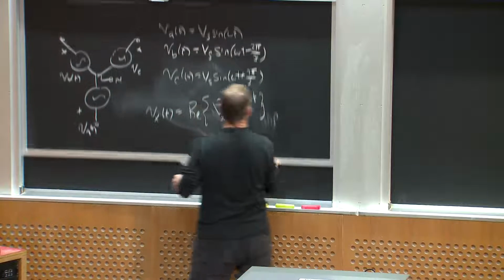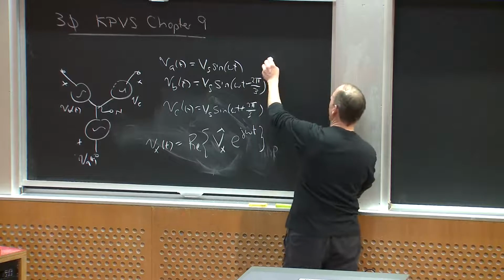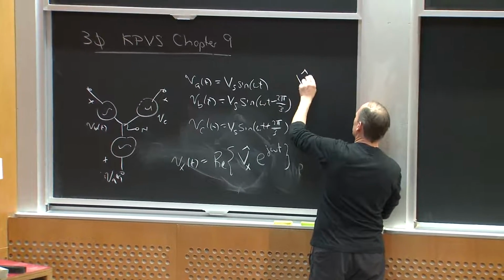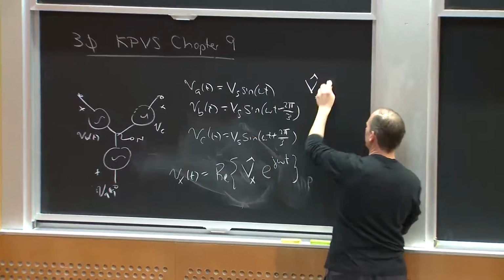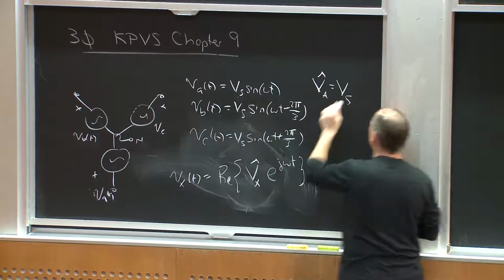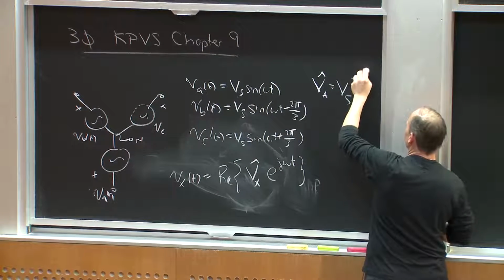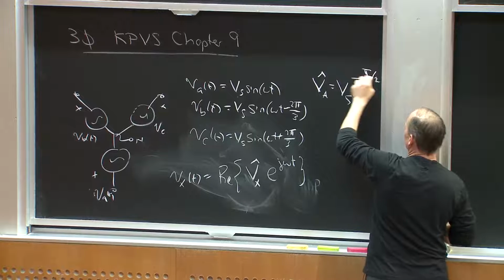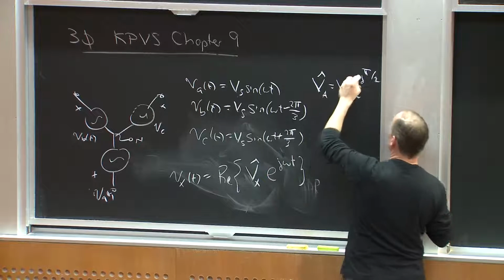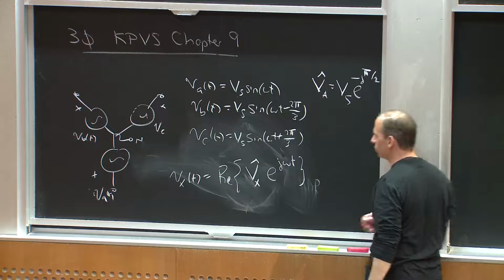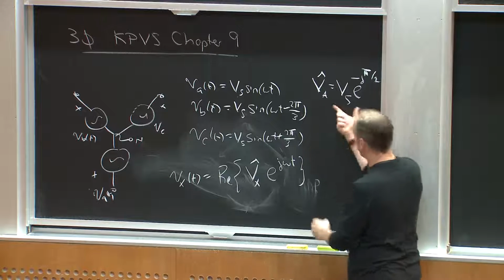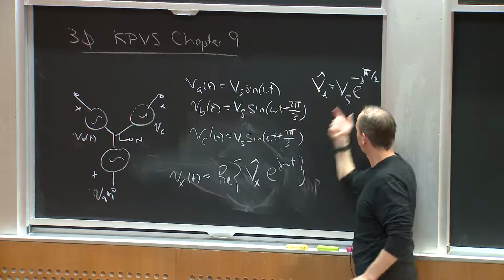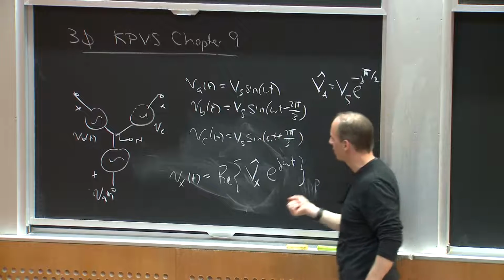For example, VA hat would be equal to Vs, its magnitude, times e^(−jπ/2), because with respect to a cosine it's phase shifted by −π/2. And I could make equivalent phase shifted versions for VB hat and VC hat.